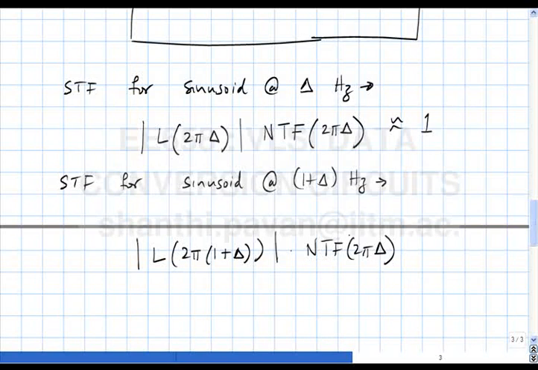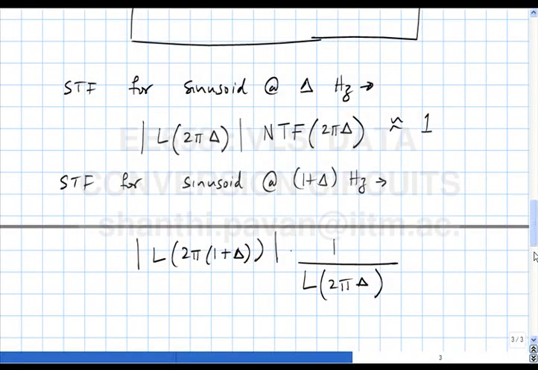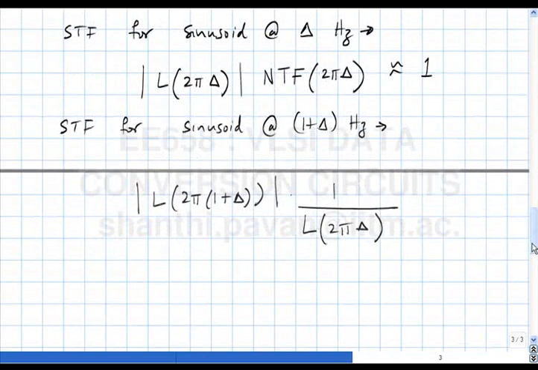Okay, and what is NTF of 2 pi delta? It is nothing but 1 over L of 2 pi delta, okay. Does it make sense? Yes.